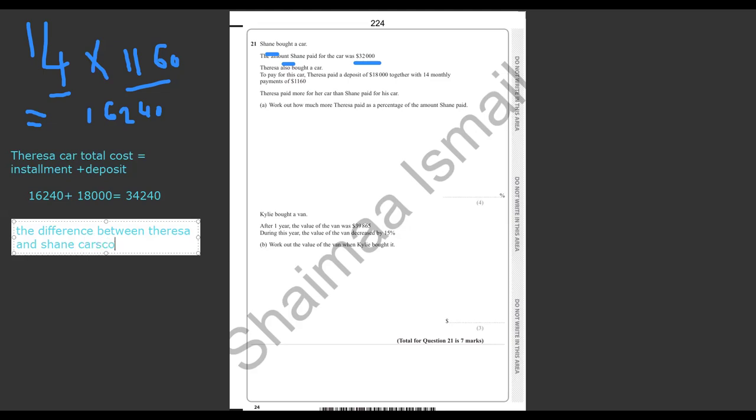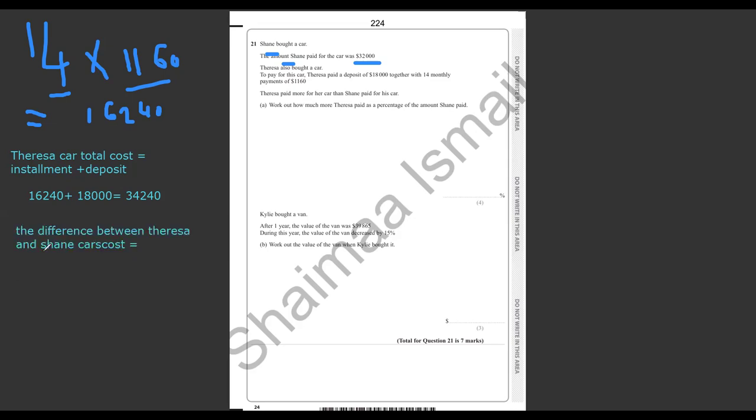So we just calculate the cost here to be equal to, here we can do it. So the difference, it would be the 34,240, because we already calculated, minus the 32,000 that we were already given here.